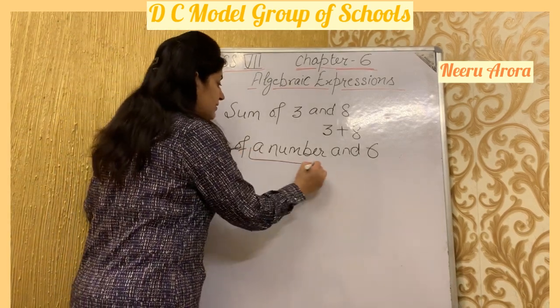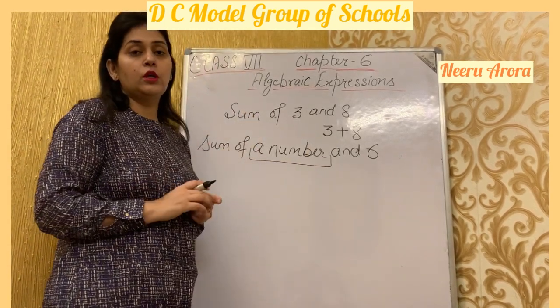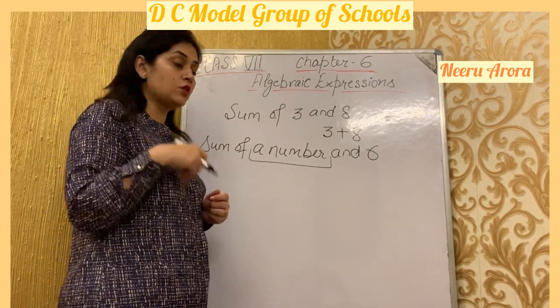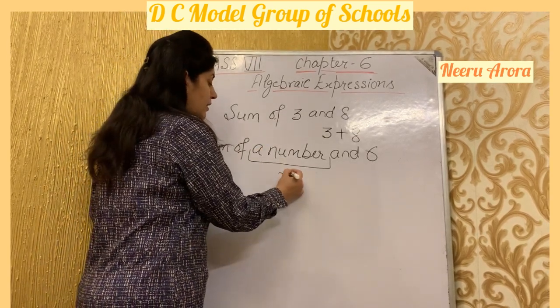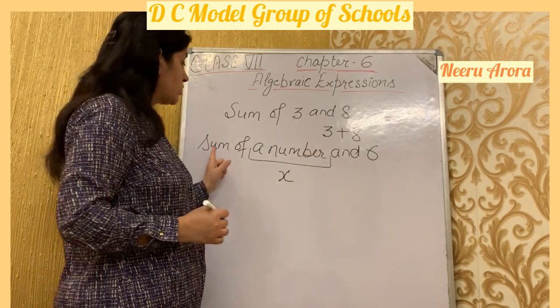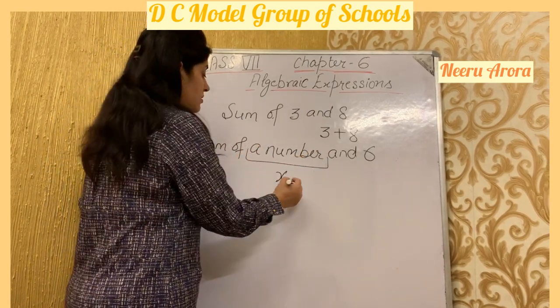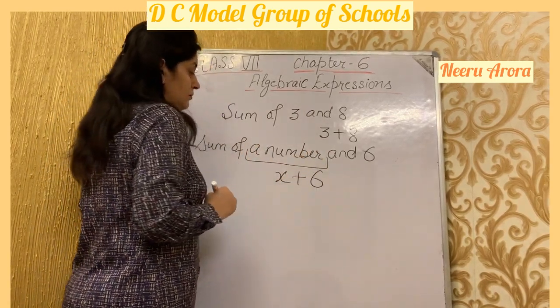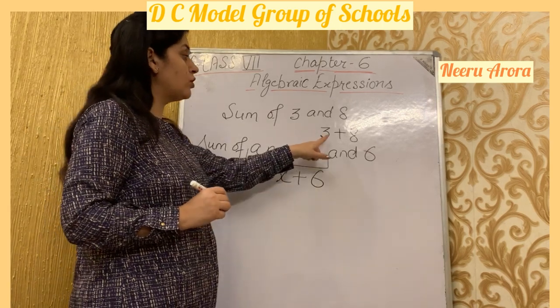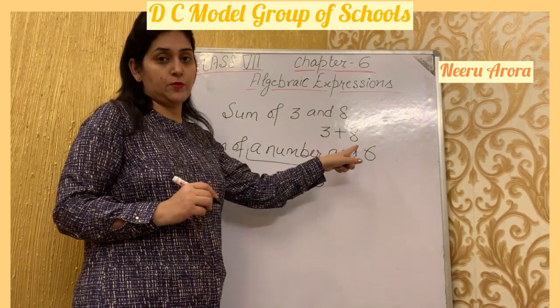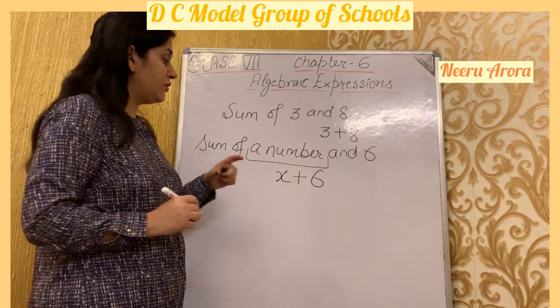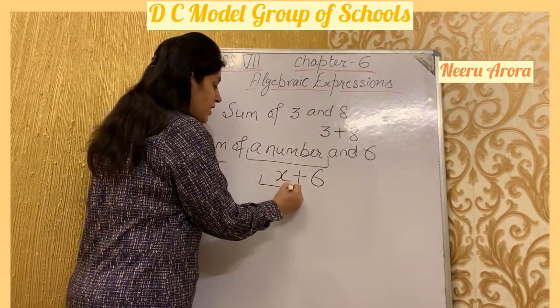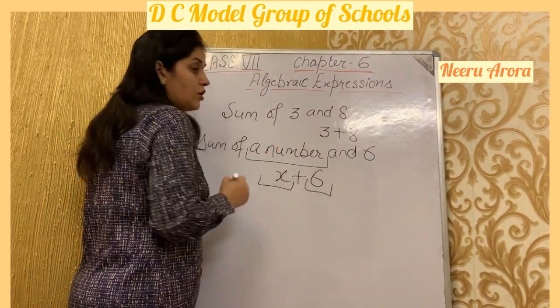So now what is this number? We don't know. So what we will do? We will assume that a number be x. Now sum of a number and 6. So here we have taken only numbers. This is numerical expressions. But in this we have taken, now x is variable and 6 is constants.